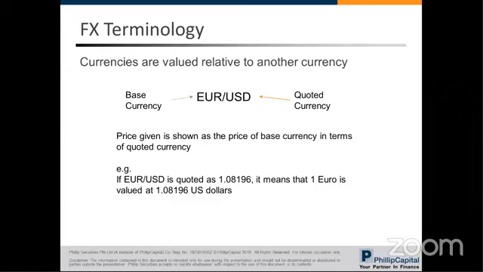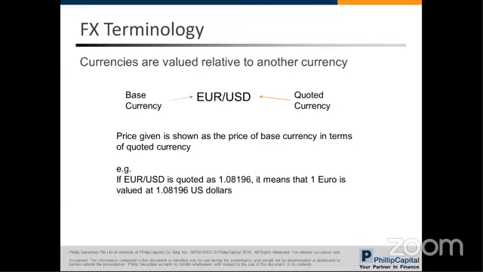Then the one on the right is the quoted currency, USD. The price is based on one unit of the base currency, in this case Euro, and how many USD, the quoted currency, it can be exchanged for.